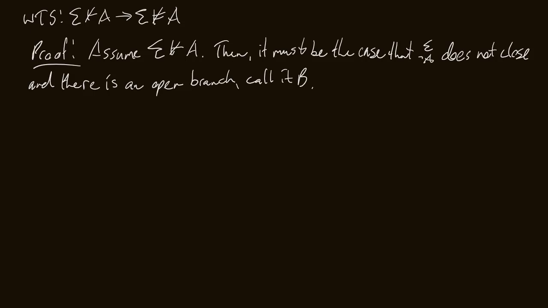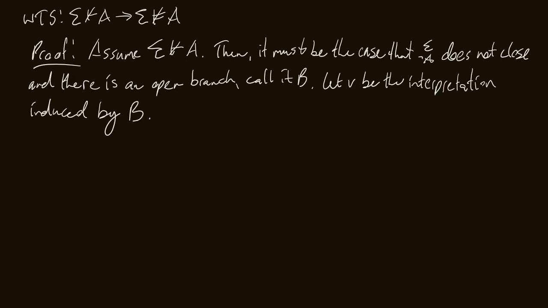Now what else can we conclude? How can we get further to what we want? Well, we're going to let V be the interpretation induced by B. Now we're going to use our completeness lemma.